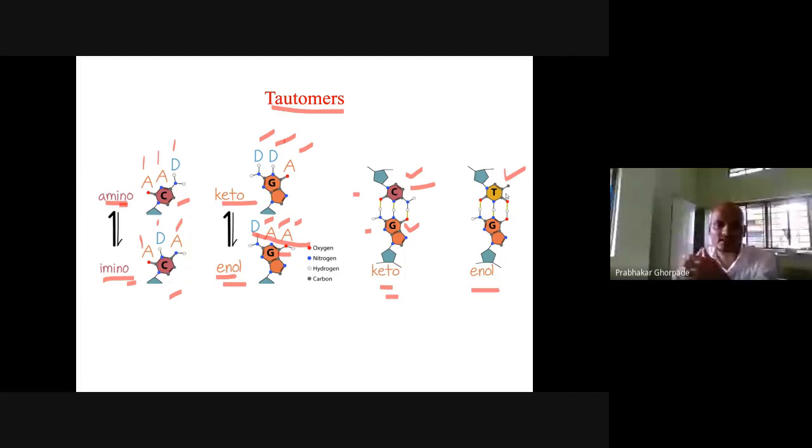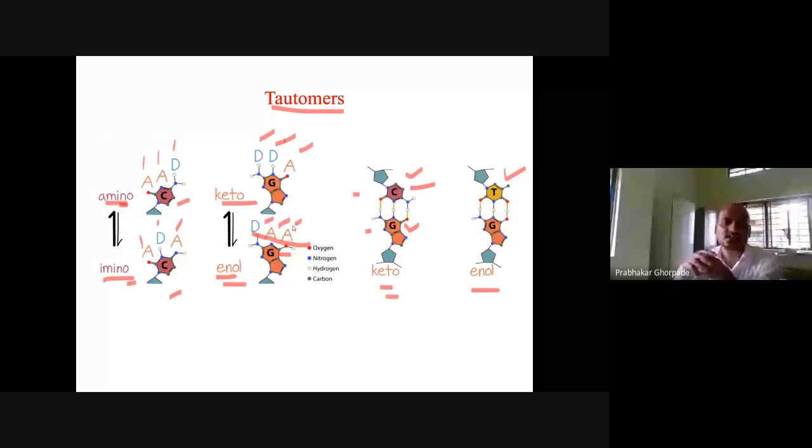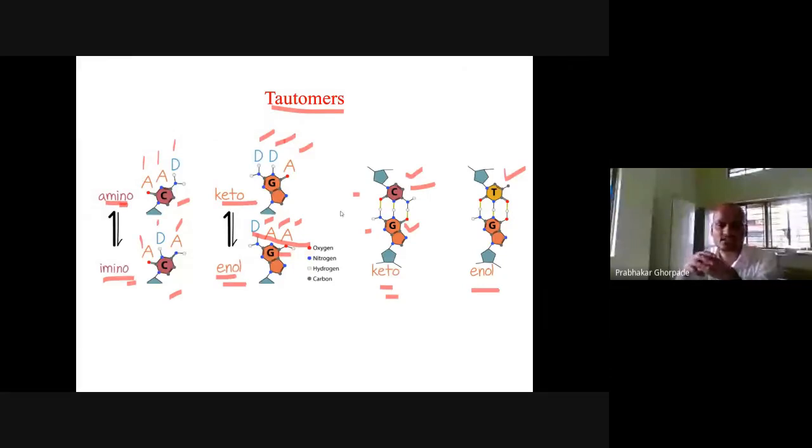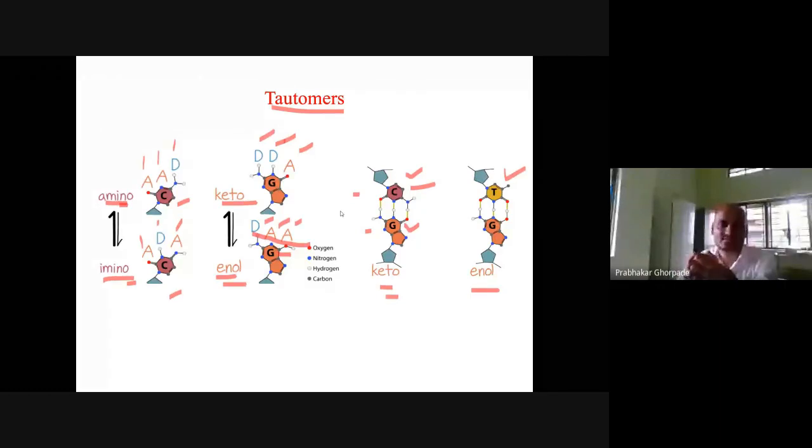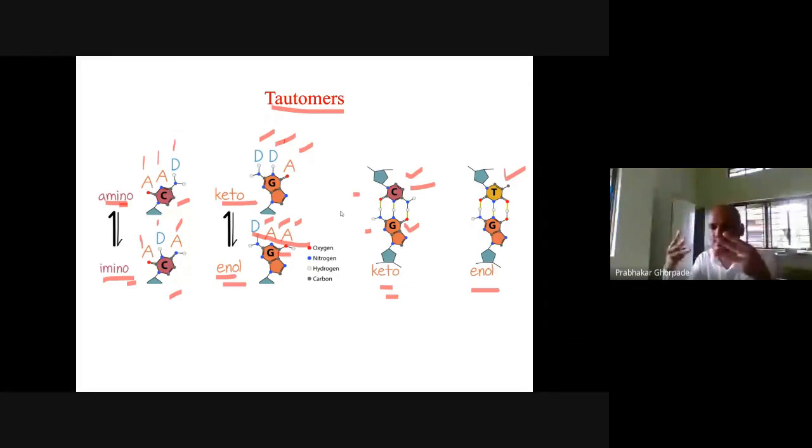And why do these mistakes happen? Why does DDA to DAA, that is the keto to enol conformation change in guanosine, cause the mistake? Because this guanosine and cytosine form 3 hydrogen bonds with each other.